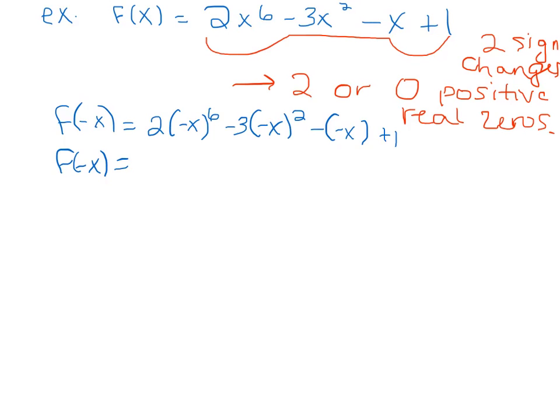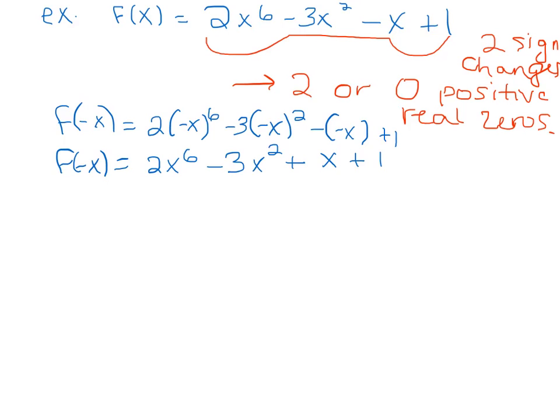There's a positive 2 out in front. It's going to be a positive 2x to the 6th. A negative raised to an even power makes it positive, times the negative 3 out in front makes it negative 3x squared. Negative 1 times a negative x gives me a plus x, and then we have plus 1.